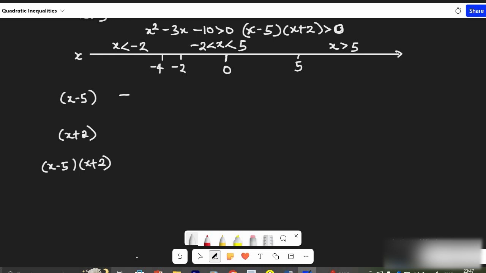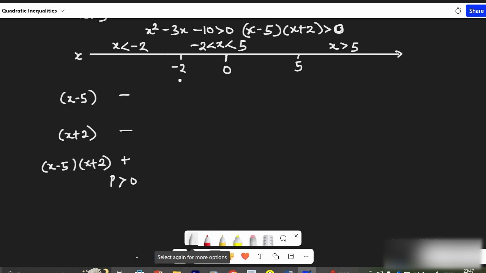When x is minus 4, this will also be negative. And minus times minus is plus, just like we did in the previous example. So we have that the product is greater than 0 for the region where x is less than minus 2. Okay, so I'm just going to erase this minus 4 here. This was just for the purpose of the illustration.